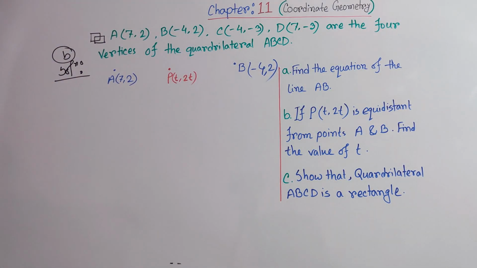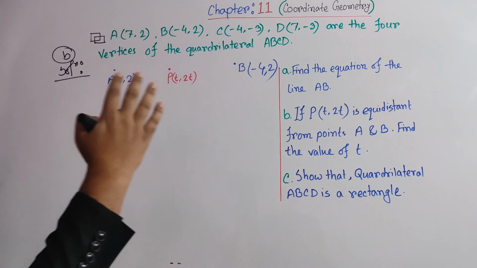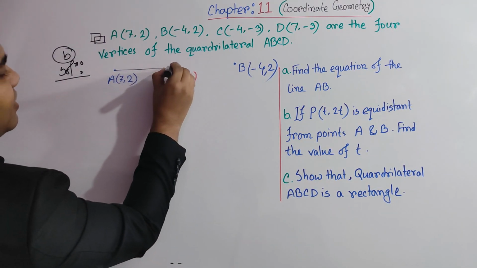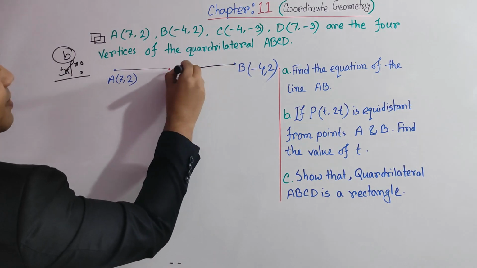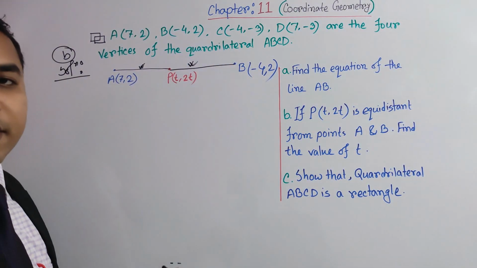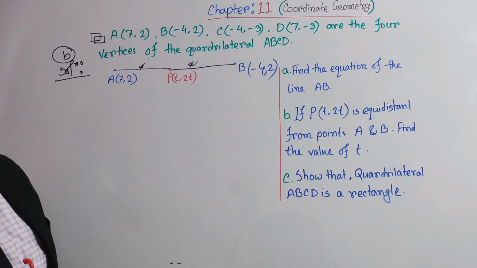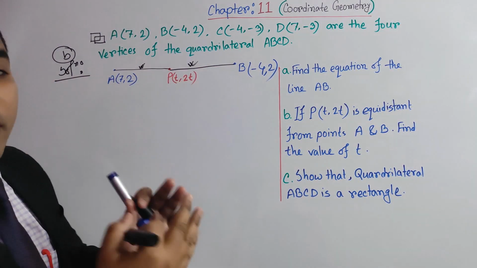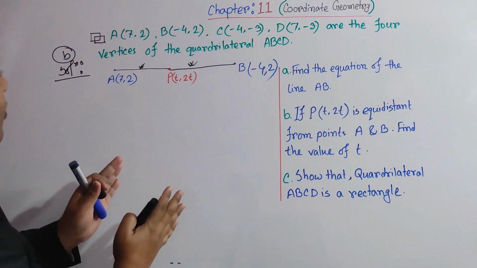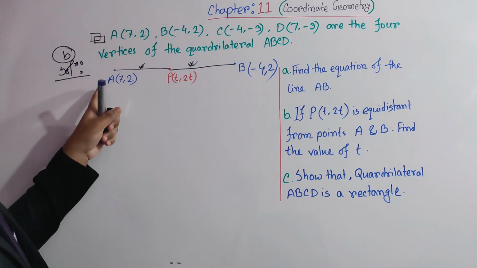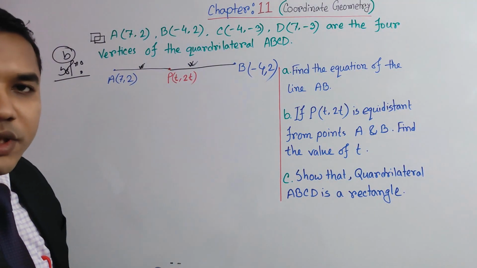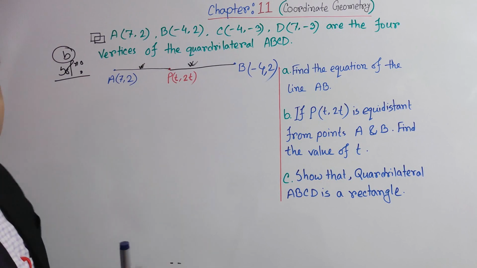The question says that the distance of AP and the distance of BP are equal. If these two distances are equal, how can we proceed? First of all, we need to find the distance of AP, then PB, and according to the question they are equal.